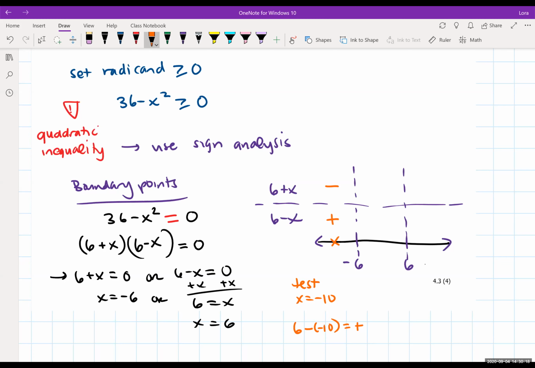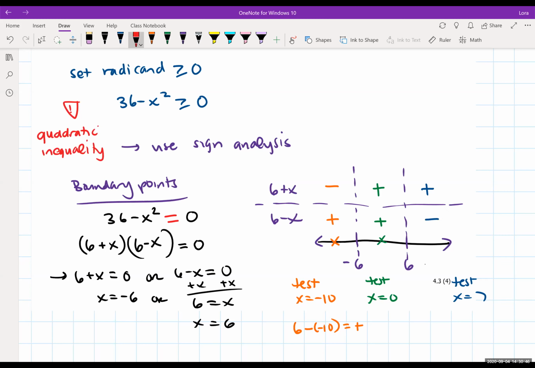So be very careful. Sometimes I write it out if I have to think about it. I then pick another test point, 0. 6 plus 0 gives me positive, and 6 minus 0 also gives me positive. Then I'll pick something after 6, x equals 7. 6 plus 7 is positive, and 6 minus 7 is negative.